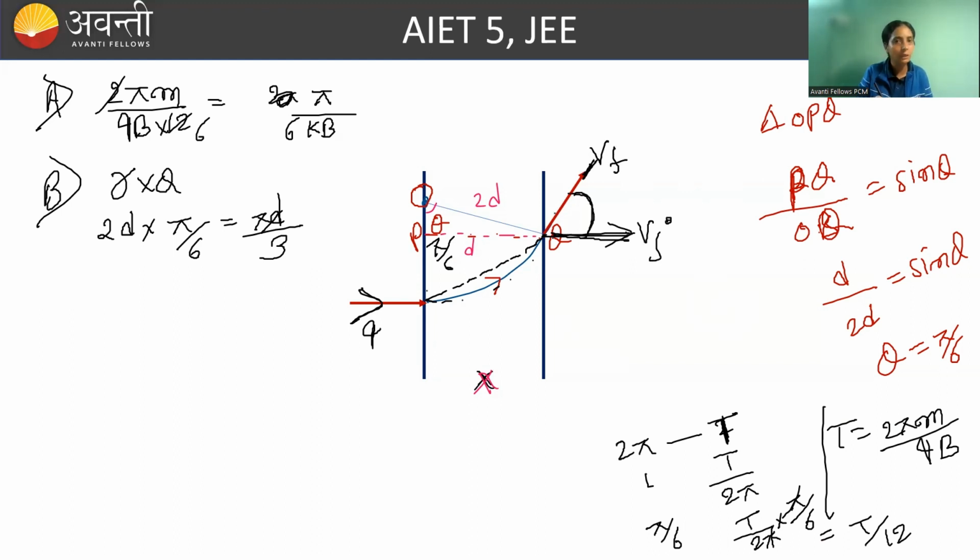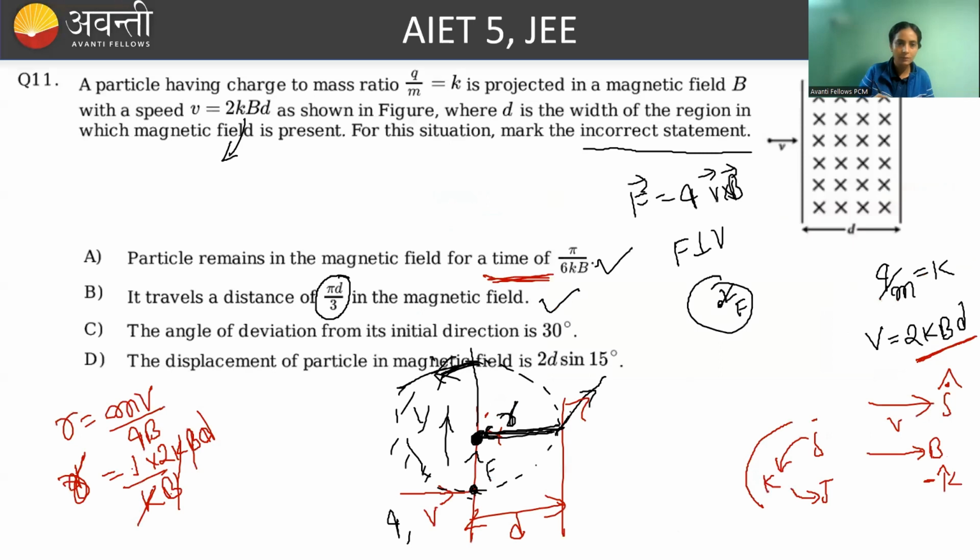You just see here, theta is the angle between the radius and this vertical line. This line is tangent, so it is perpendicular to the radius. And this line is horizontal, so it is perpendicular to the vertical line. So if the angle between two lines is theta, then the angle between their perpendiculars will also be theta. So this is going to be pi by 3. C is also pi by 3. C is also correct. Now let's see what D is.